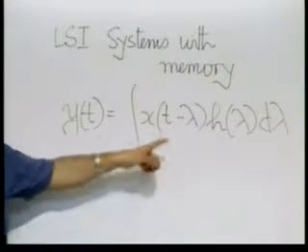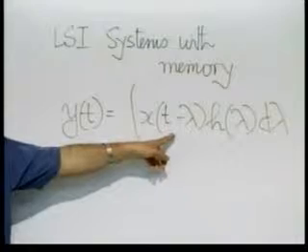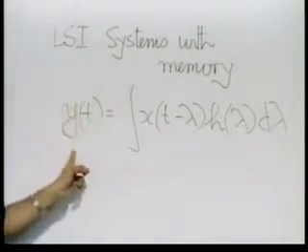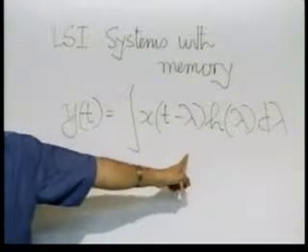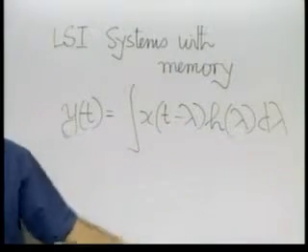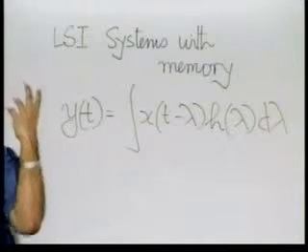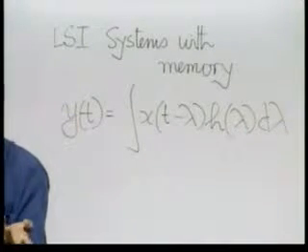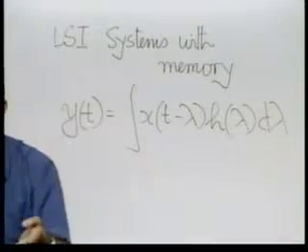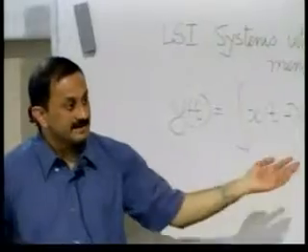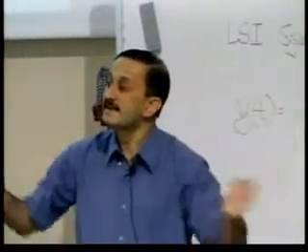Now clearly, if the LSI system has no memory, then y(t) must depend only on x(t). So that means this integral should just pick out some multiple of x(t). That's the only possibility here. Because after all, y(t) is a linear combination from this of many x(t)'s, right? x(t) and many other x(t−λ)'s.